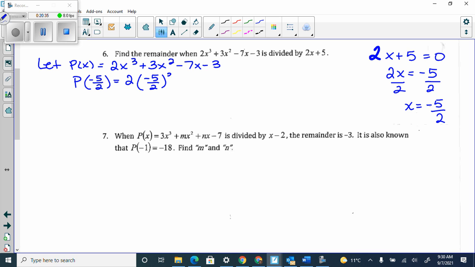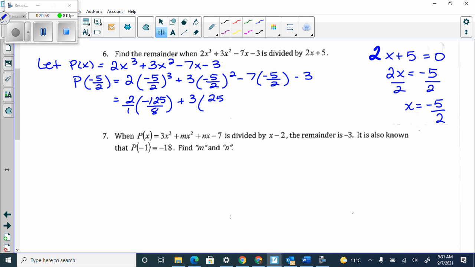Negative 5 over 2 cubed. What do you get? Anyone have it?